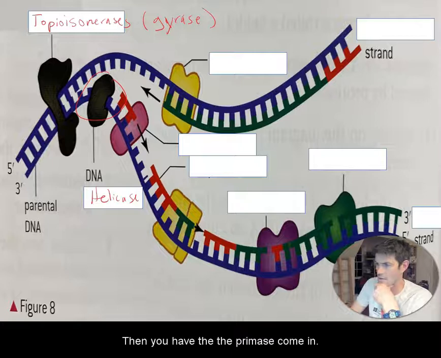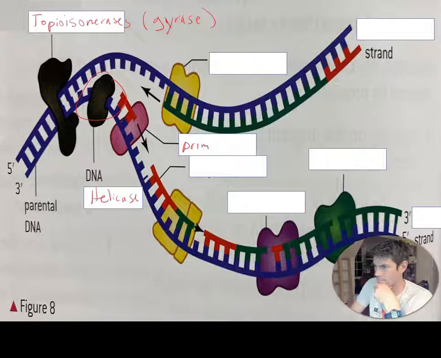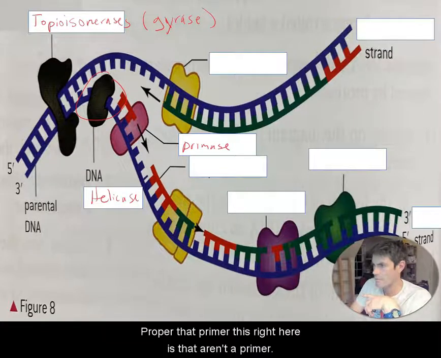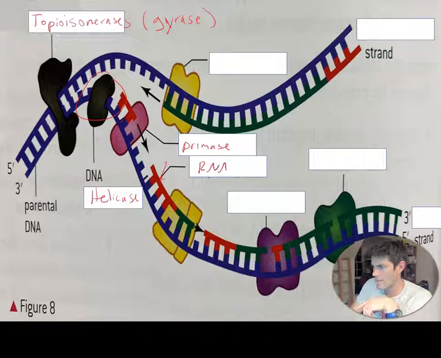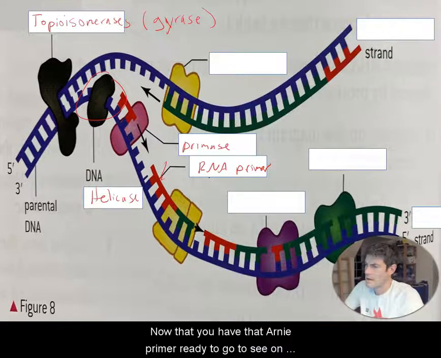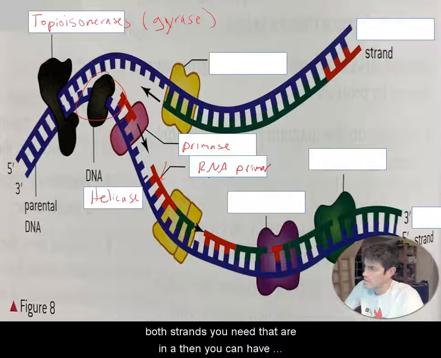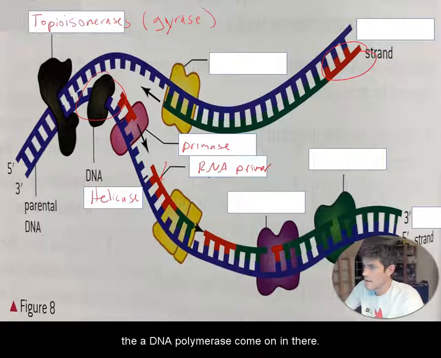Then you have the primase come in and put that primer. This right here is that RNA primer. And now that you have that RNA primer ready to go, you can see on both strands you need that RNA. Then you can have the DNA polymerase come on in there.